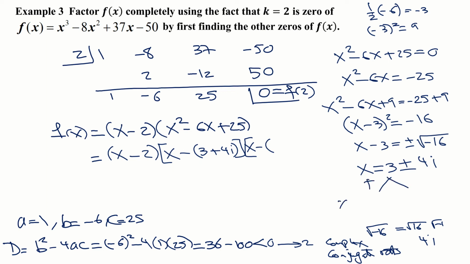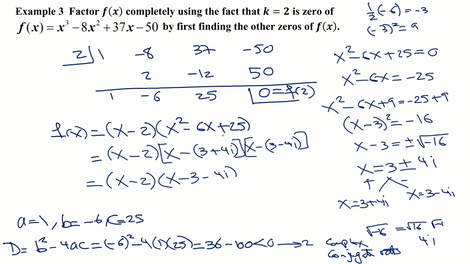The plus case gives you x equals 3 plus 4i. The minus case gives you x equals 3 minus 4i. So we get x minus quantity 3 minus 4i. Now all we're going to do is just clean it up, make it look nicer. So we get x minus 2 times x minus 3 minus 4i times x minus 3 plus 4i. All right, and that is the fully factored form of f of x.